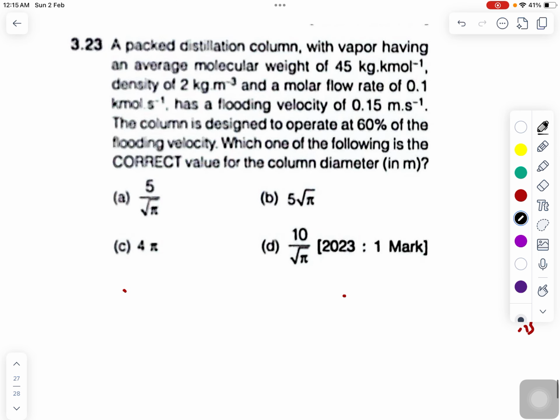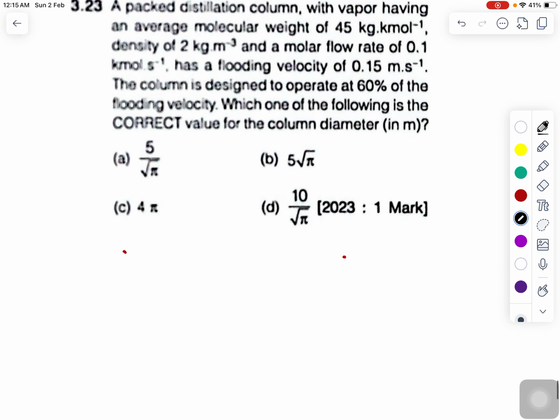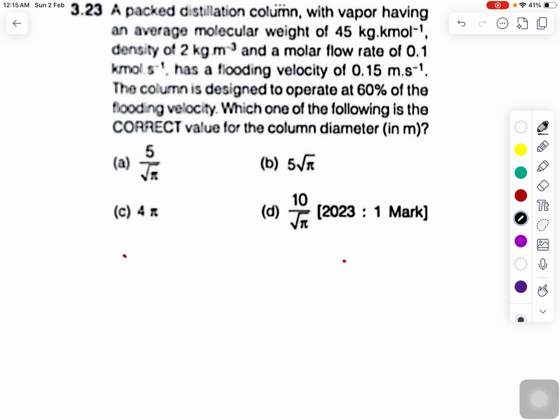Now moving to the next problem. This question says that a packed distillation column has vapor with an average molecular weight of 45 kg per kilomole, and the density is given as 2 kg per meter cube, and a molar flow rate of 0.1 kilomole per second.